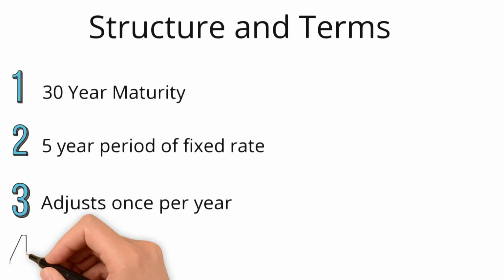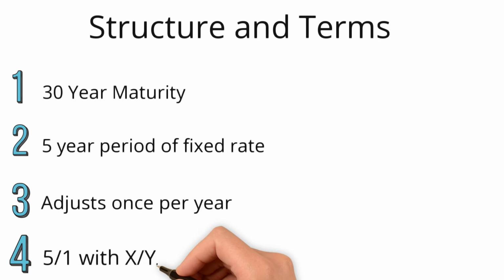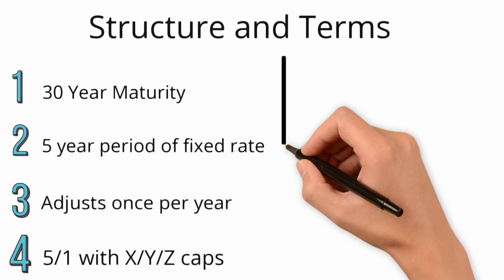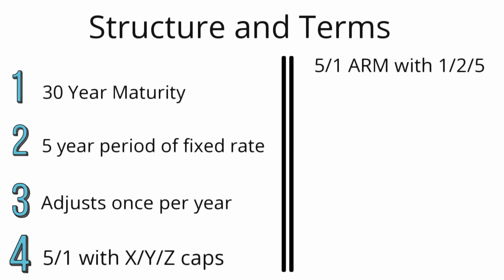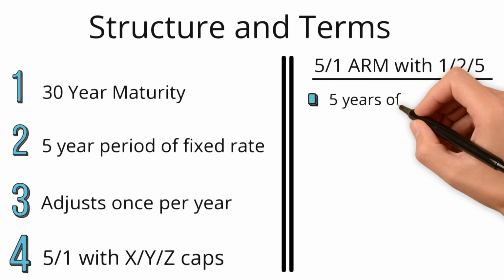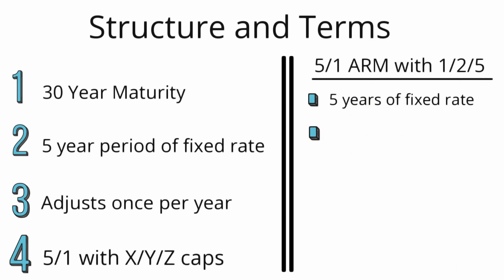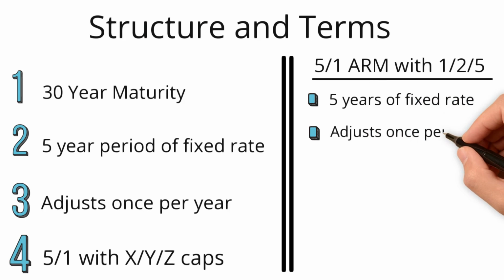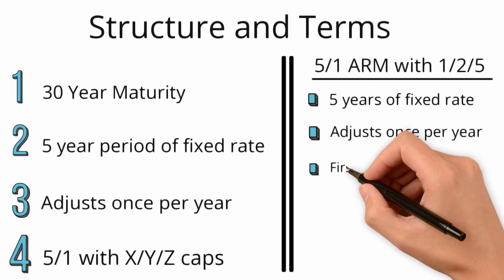Now, the next part of these mortgages is the caps, and I'm calling them the XYZ caps. For example, you could have a 5-1 ARM with, say, a 1-2-5. This means that the first adjustment to your interest rate cannot exceed a 1% increase. And then following that first adjustment, you cannot increase your interest rate by more than 2% in 1 year.